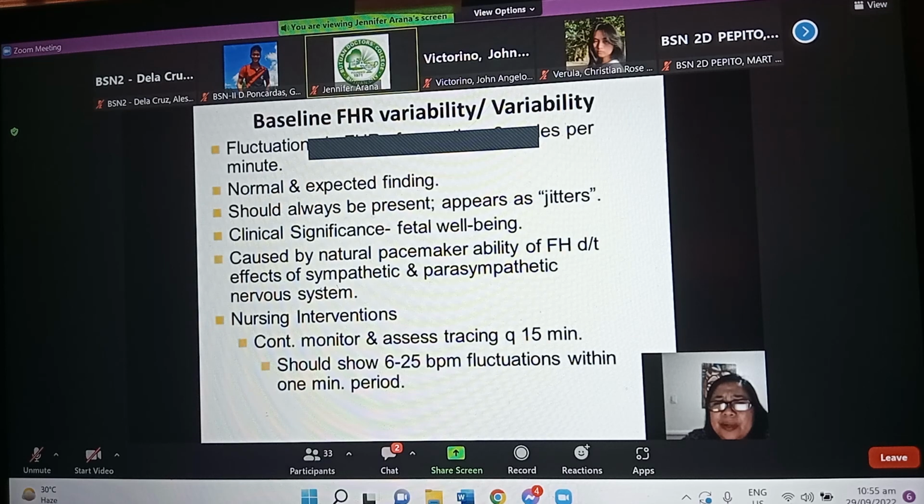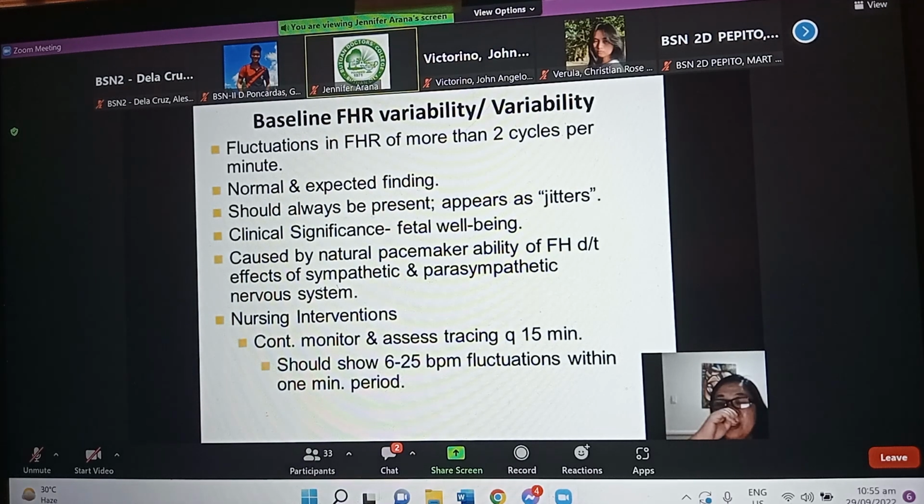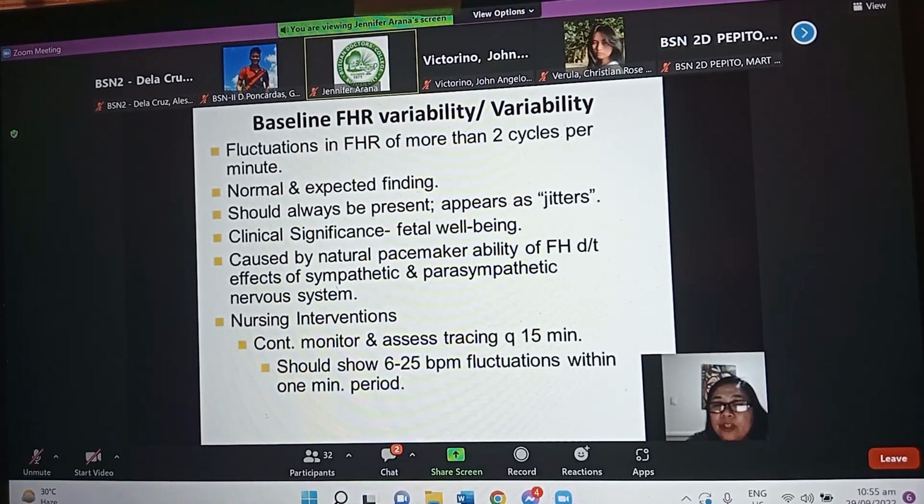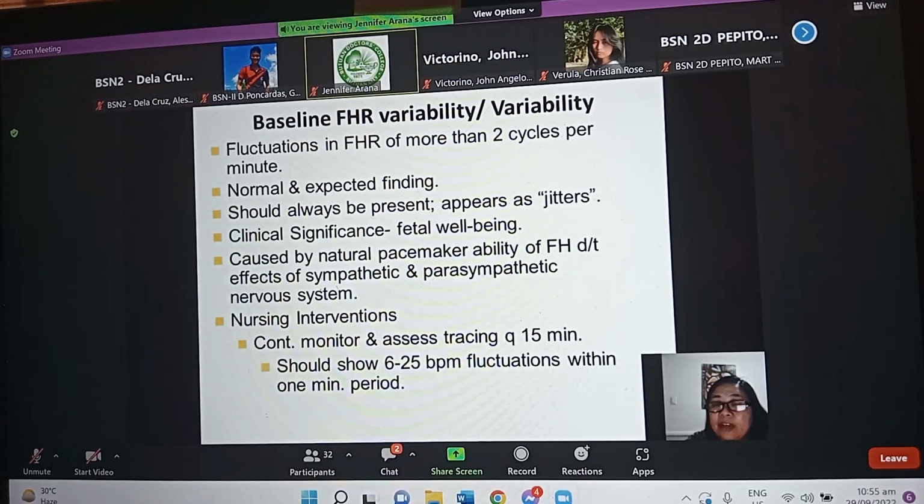It is caused by the natural pacemaker's ability of the fetal heart due to the effects of sympathetic and parasympathetic nervous system. Okay, so what are your nursing interventions when baseline FHR variability is present? So we'll continue to monitor and assess the tracing every 15 minutes.